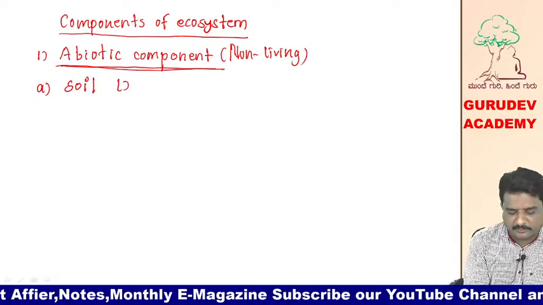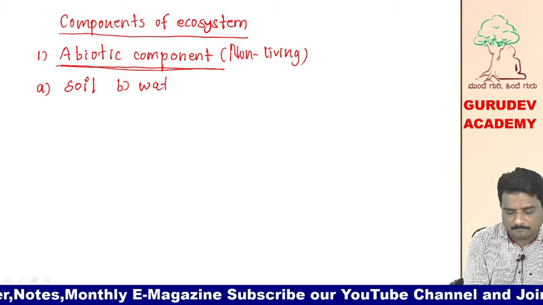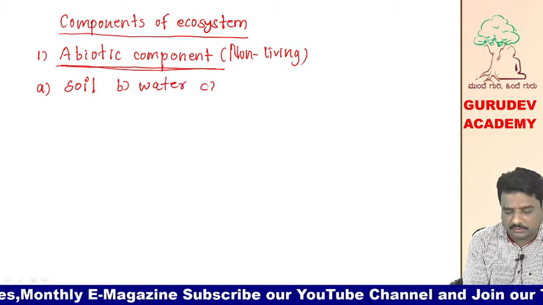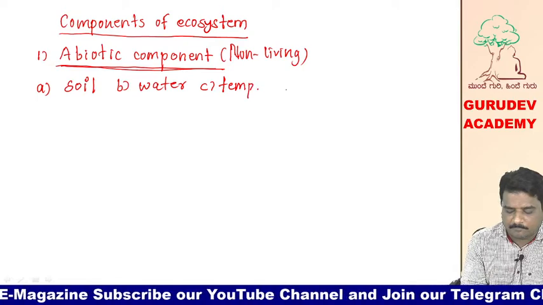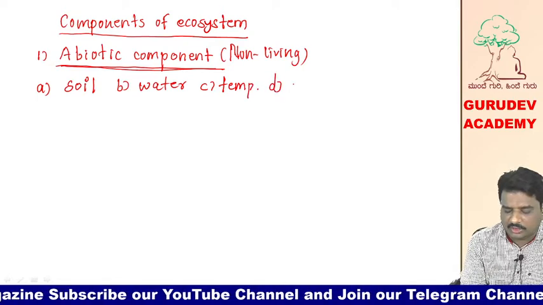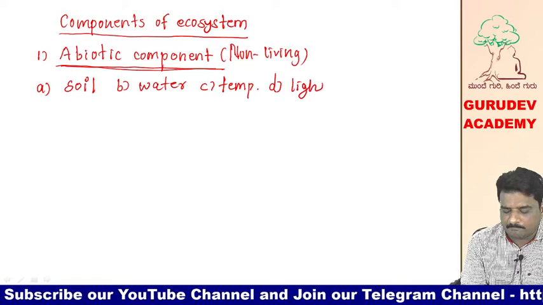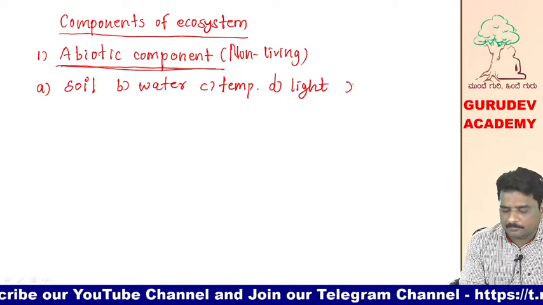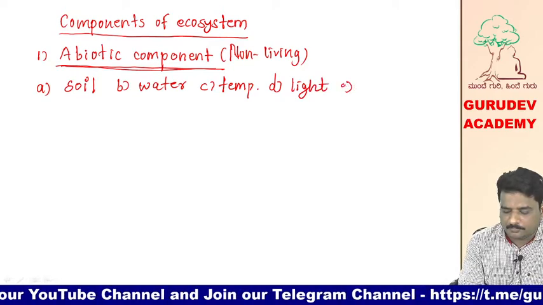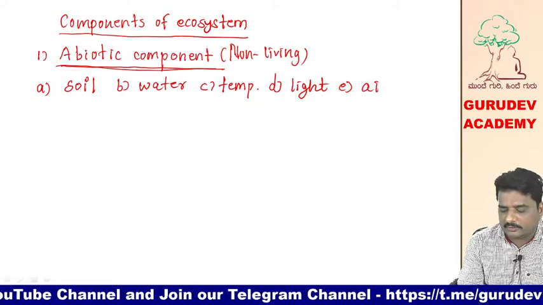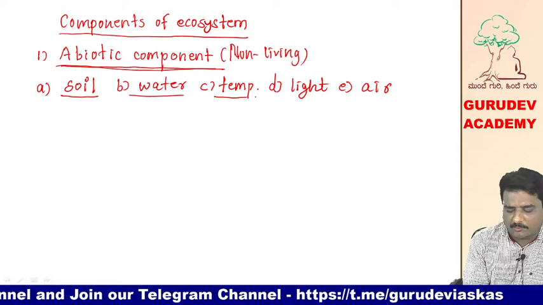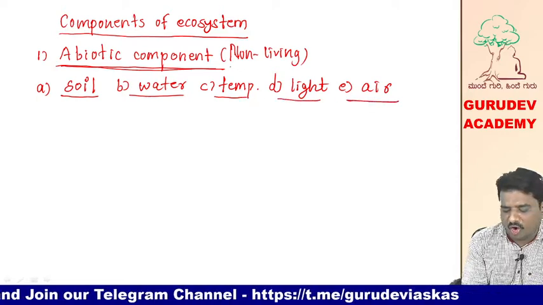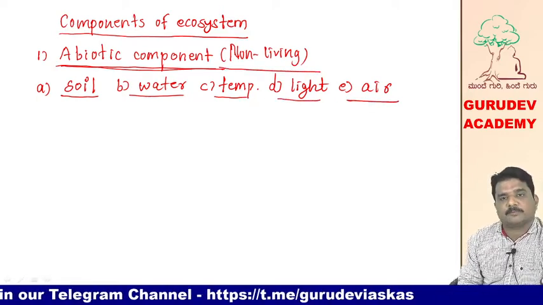Number two, water. Number three, temperature. Number four, light. Next, air. So these are called abiotic components of the ecosystem, non-living components of the ecosystem.